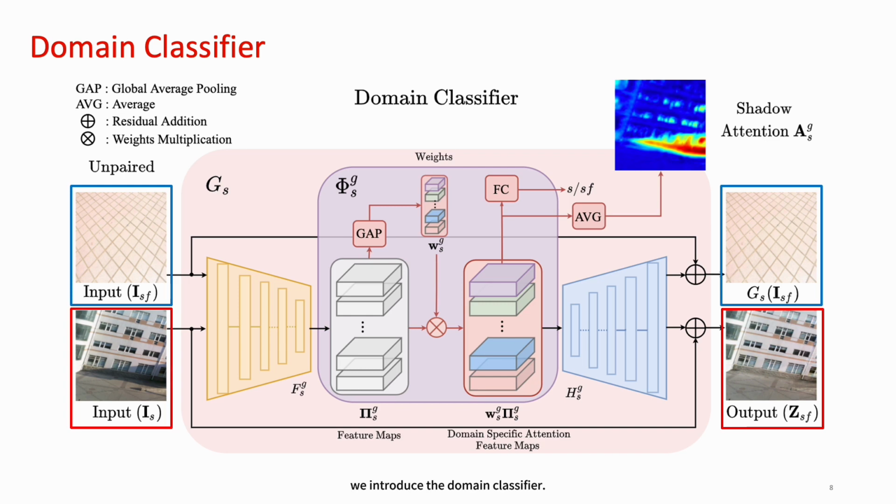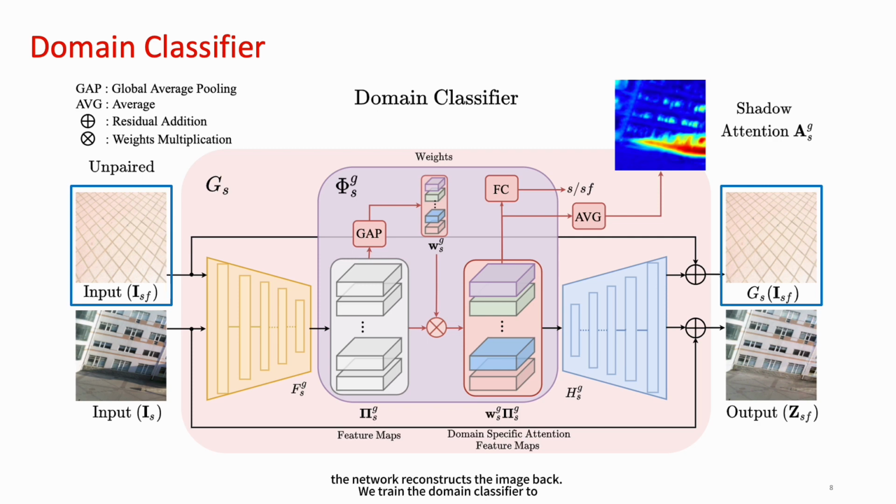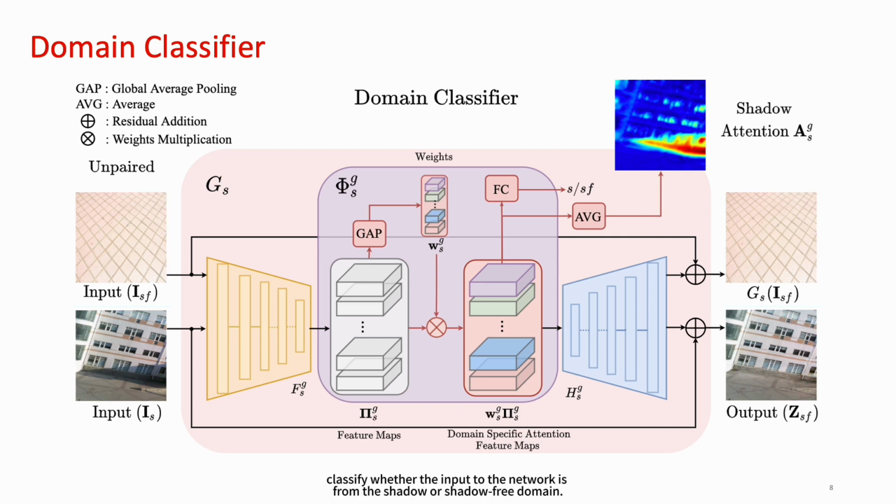Next, we introduce the domain classifier. Given the shadow input, the network learns to remove shadows. Given the unpaired shadow-free input, the network reconstructs the image back. We train the domain classifier to classify whether the input to the network is from the shadow or shadow-free domain.